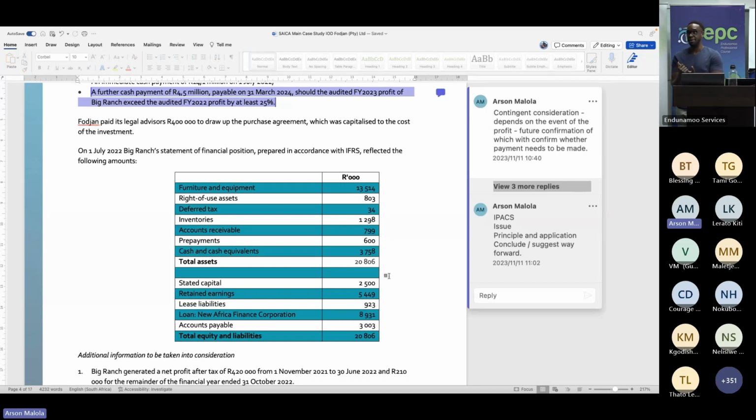So the definition of a liability will be met. But your point is still relevant, because you've identified an issue that you think needs to be addressed. So you wanted to first articulate that, listen, this actually meets the definition of a liability because you have enough information to make a conclusion. And it meets the definition of contingent consideration. Therefore, everything else we spoke about. Yeah, that's fine too. That's perfectly fine too.